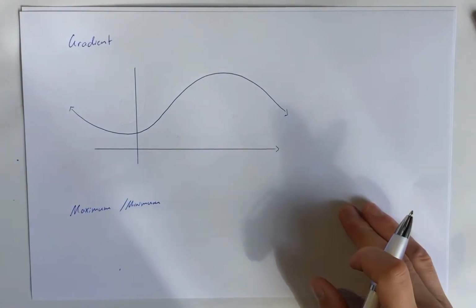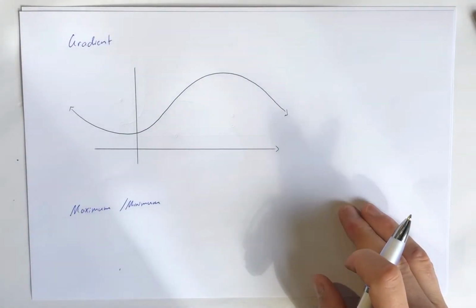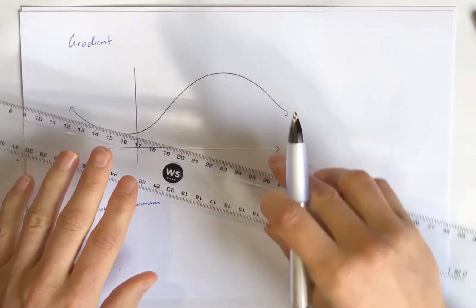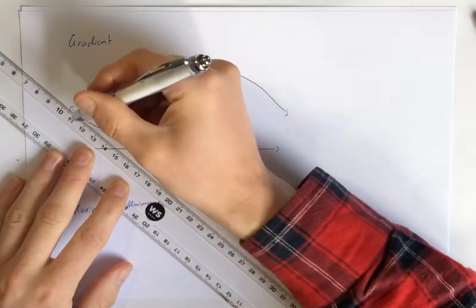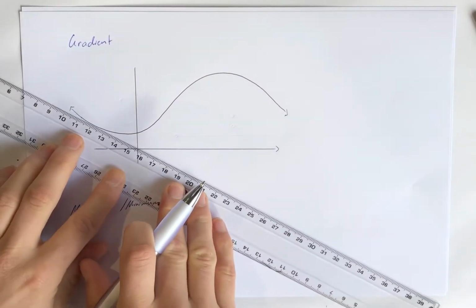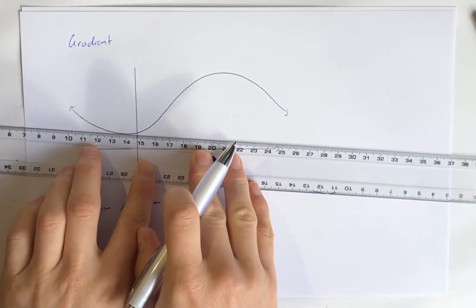The next definition is gradient. So the gradient of any point on the curve can be estimated by drawing a tangent to the curve at this point. So basically, the gradient here at this point is negative, and then you could just roll this ruler around and it would be telling you the gradient at all of these points.